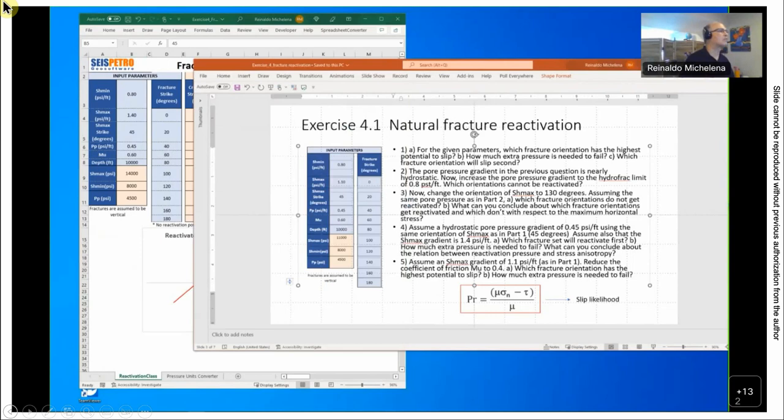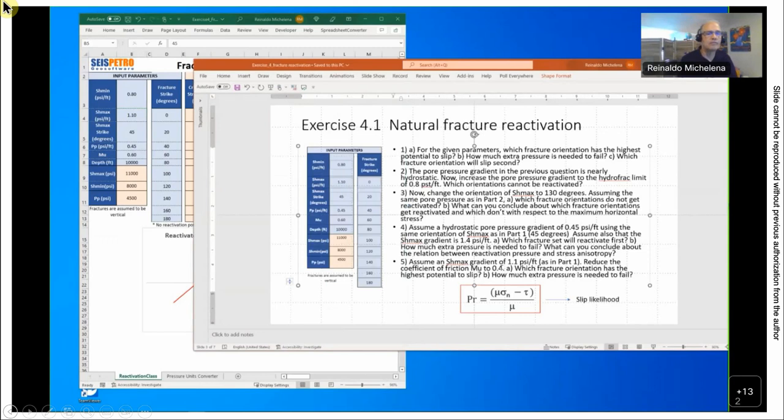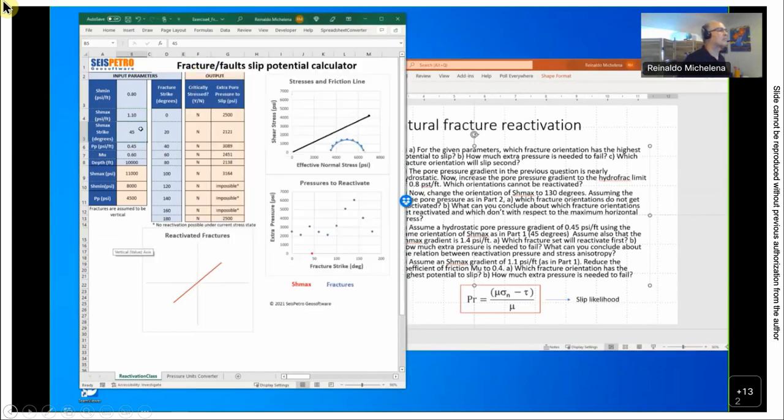And then finally, if we go back here to 1.1, and going back to the question from Everton. Okay, what happens if you reduce the friction coefficient to 0.4? So now, instead of the 0.6 here, we're going to put the 0.4.